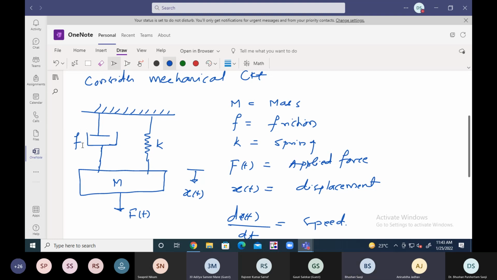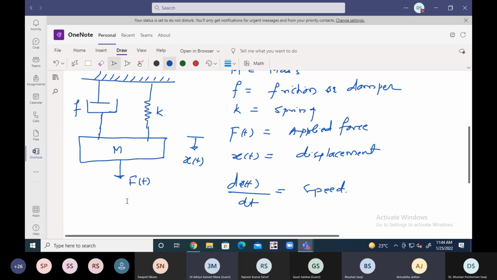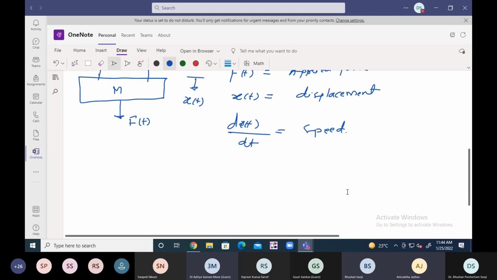There are two F's: one is F of T and one is small f. Small f is the friction or the damper. K is the spring. F of T is the applied force and X of T is the displacement. When we apply force to any system, we get the displacement, denoted by X of T, and if we take the derivative of the displacement, then we get the speed. Dxt by dt is nothing but the speed of the system.